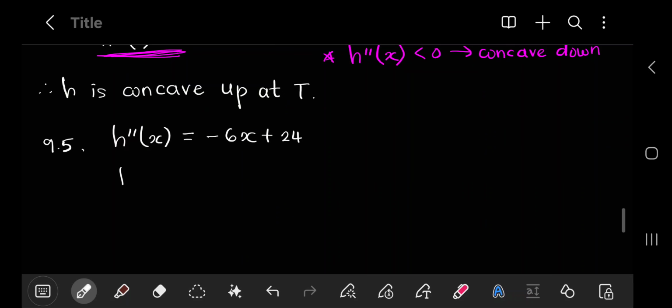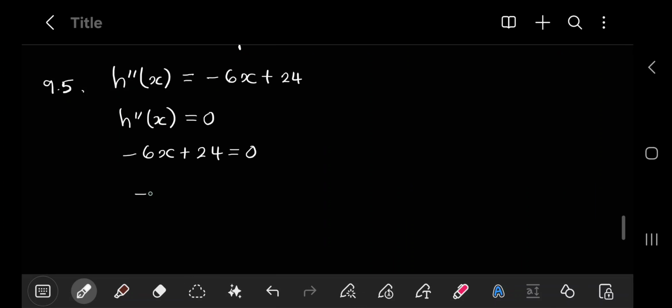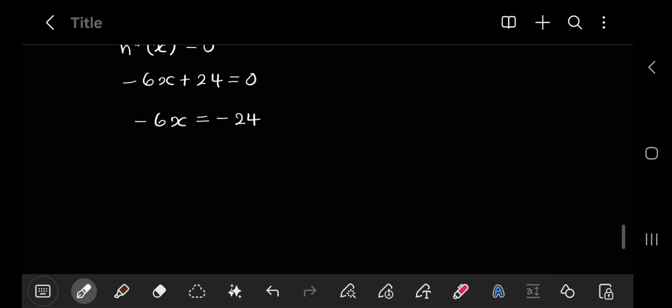We're now going to take that second derivative, equate it to 0, and we're going to solve for x. So we're taking that 24 over to the right, it becomes negative. We divide throughout by negative 6, so we have x as positive 4.